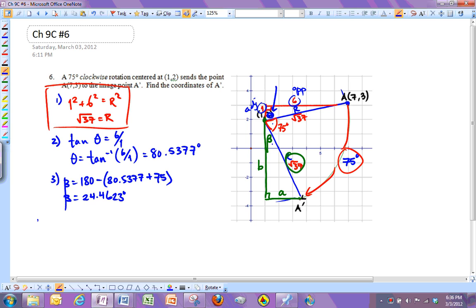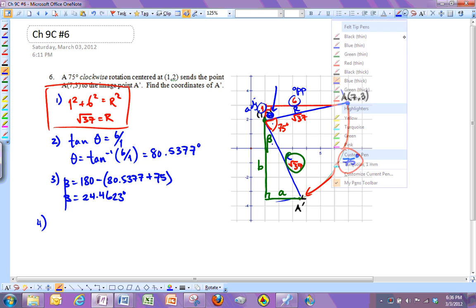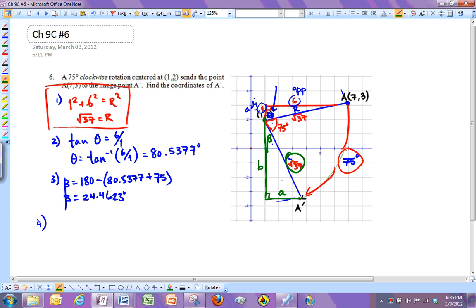And now we've got to solve for our A and our B. I'm going to switch to green so it matches the triangle we're using here. Let's solve for A first. That's the opposite side, and we have the hypotenuse, so that uses sine. So sine of beta, 24.4623, equals the opposite side over the hypotenuse, root 37.